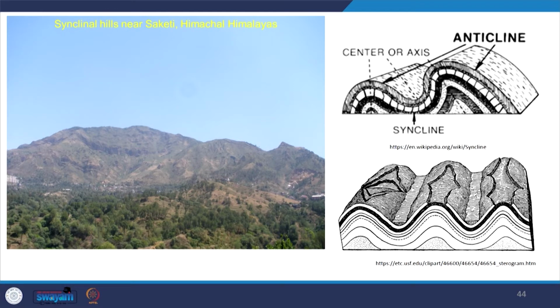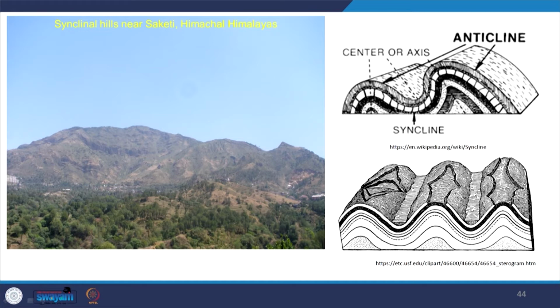It is a classical example in Himachal Pradesh near Saketi. If you see here, from a distance you can see this is the synclinal part, and earlier it was a valley. Now, this synclinal part is behaving as a valley, and the anticlinal part is behaving as a ridge.